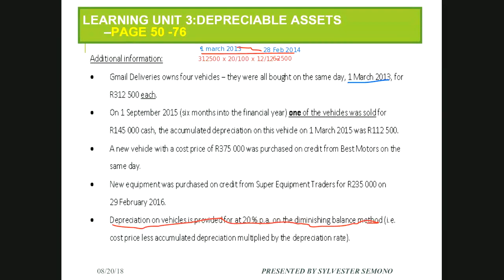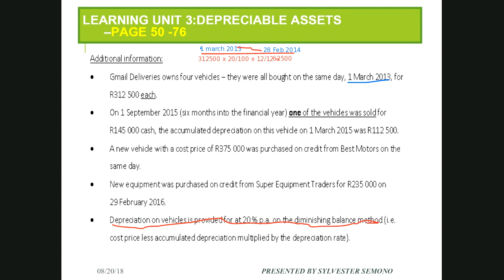Now I must start a new year. A new year will start when? From the 1st of March. 2015? No, it ended February 2014. What's the next month?